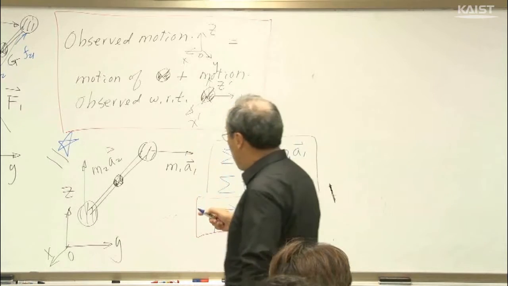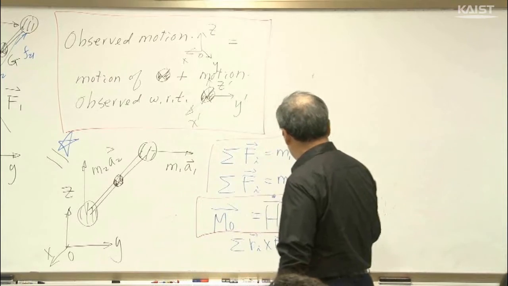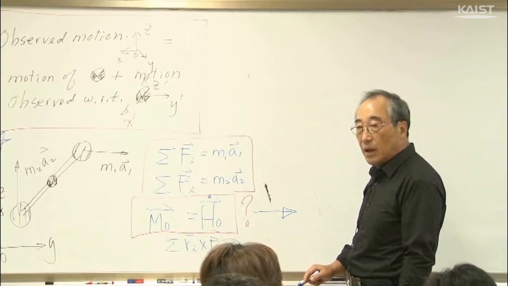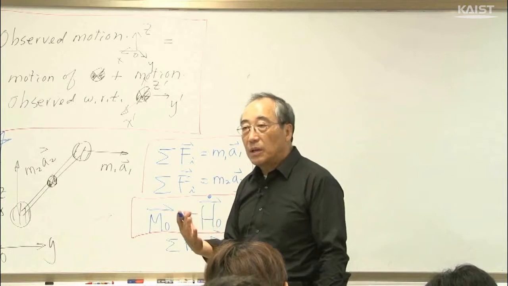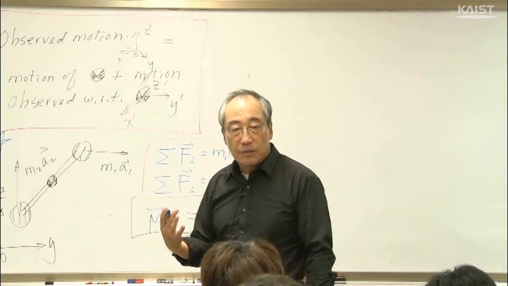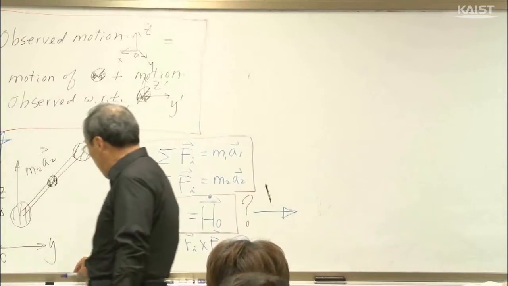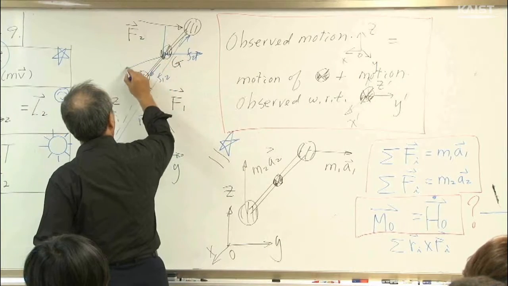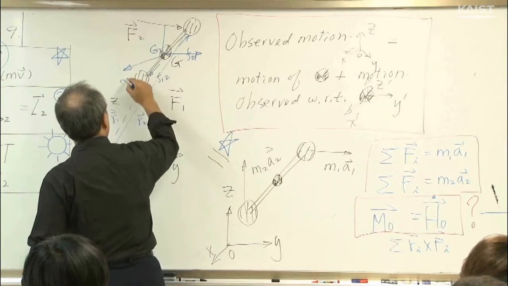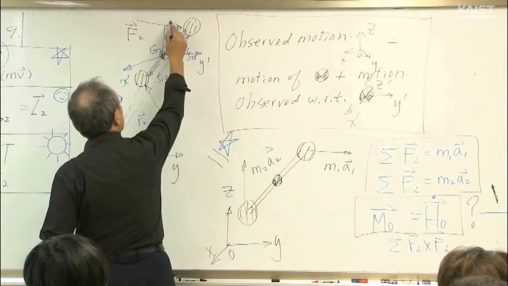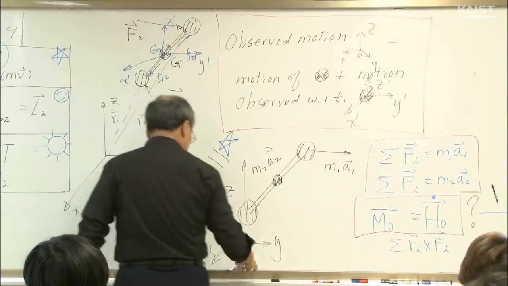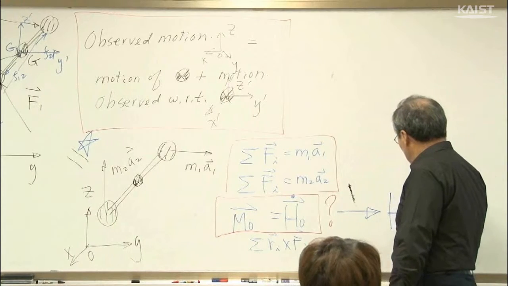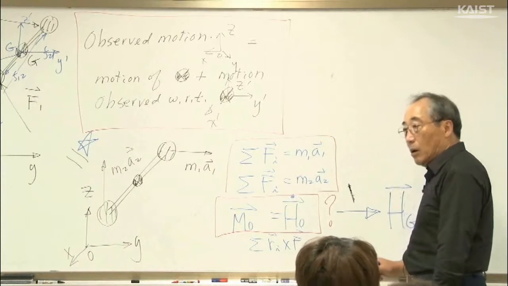And in fact, I'd like to relate this expression with the angular momentum that I could observe in the coordinate which I may use, G, X prime, Y prime, Z prime, so that I call HG vector.